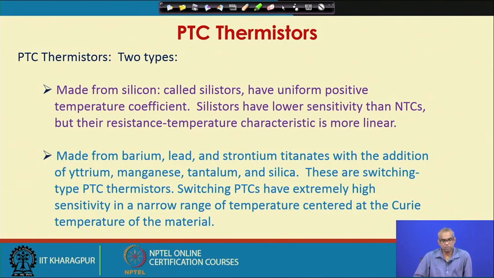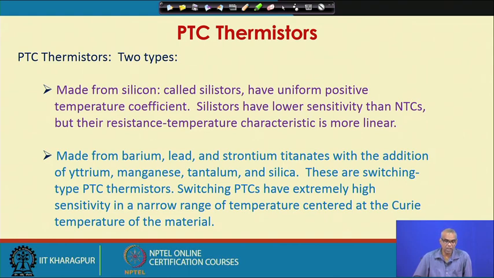PTC thermistors are of two types. Made from silicon, they are called silistors, have uniform positive temperature coefficient. Silistors have lower sensitivity than NTCs, but their resistance temperature characteristic is more linear. The other type is made from barium, lead and strontium titanates with the addition of yttrium, manganese, tantalum and silica.